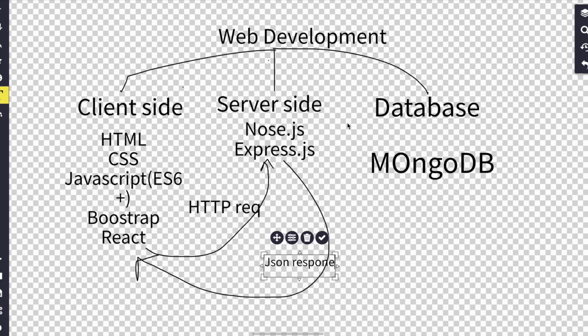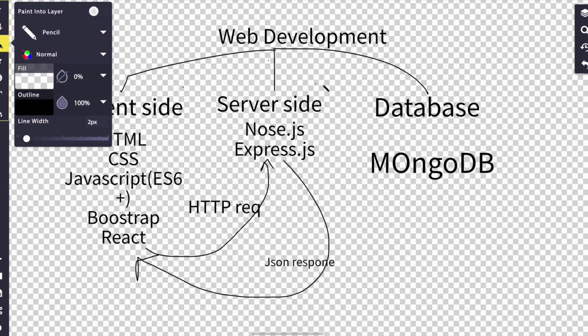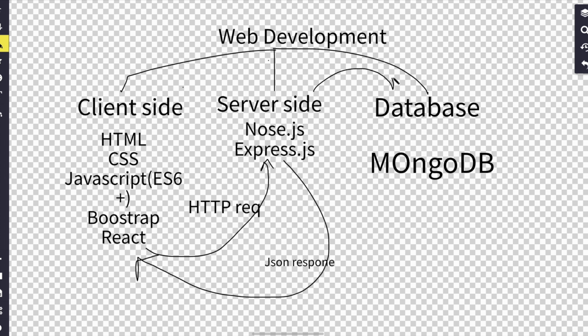Similarly, from server to database, the communication is made through queries, SQL queries, as you all might know. The DB fetches the relevant documents per the queries, and then it replies back with the required documents.